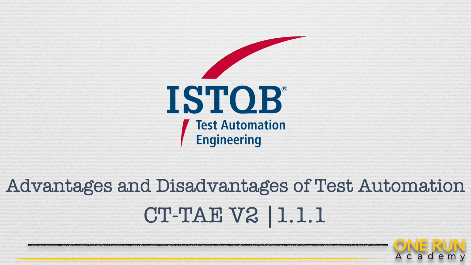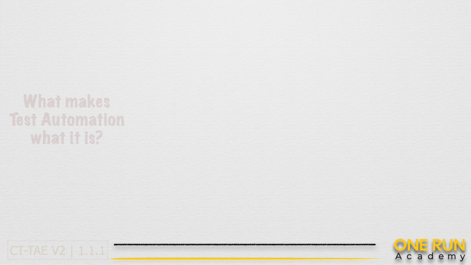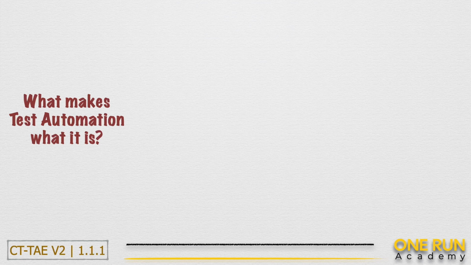Alright, folks, let's start by talking about what makes test automation, well, test automation. You see, there are certain conditions that have to be met, and if they aren't, we are probably dealing with something else like manual testing.